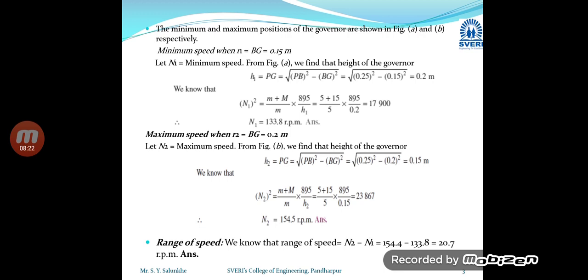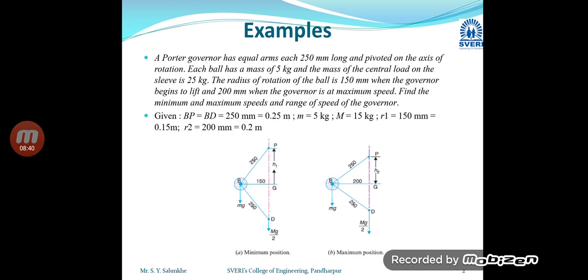But what is this q? It is tan alpha upon tan beta, and this tan alpha and tan beta ratio is 1, because in this case alpha and beta angles are the same, because the lengths of arms are same.